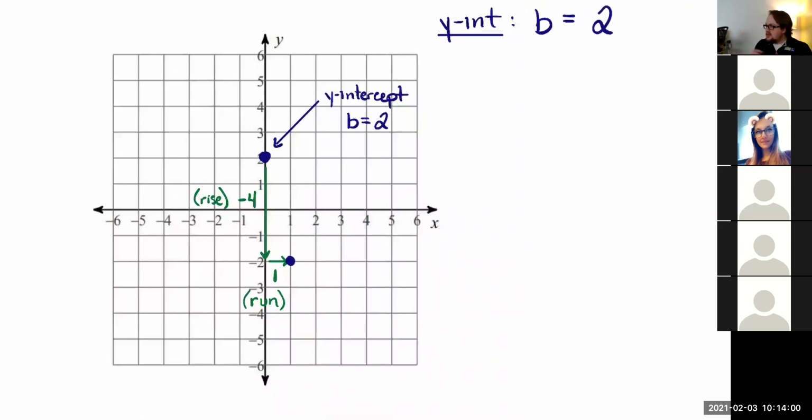Because these are notes that you're going to reference later, I do it once. If I was doing it by hand myself, I would have just started here and counted 1, 2, 3, 4 down, right 1, and then put a point. I wouldn't have all this extra stuff. In fact, I'm going to do it two more times technically. Down 1, 2, 3, 4, right 1, and that gives me a third point.